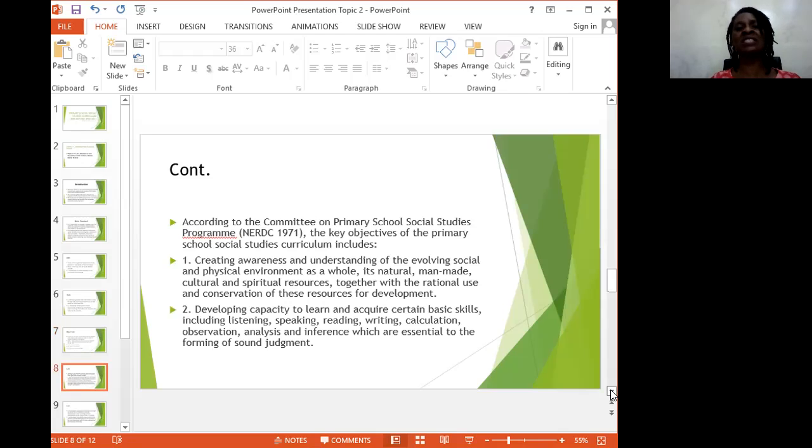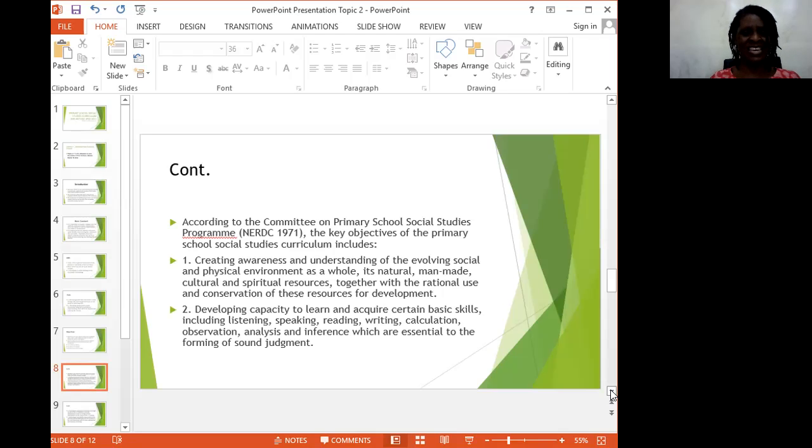According to the Committee on Primary School Social Studies Program, 1971, the key objectives of the primary school social studies curriculum include, one, creating awareness and understanding of the evolving social and physical environment as a whole.